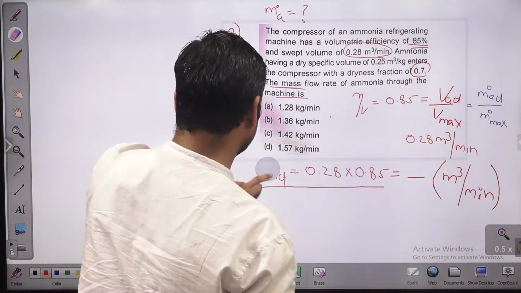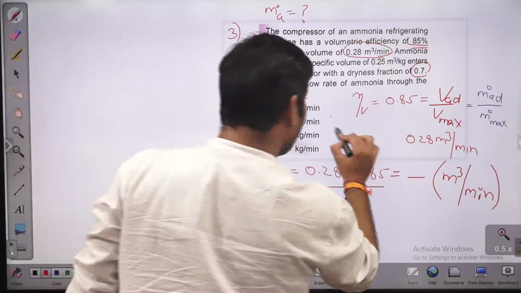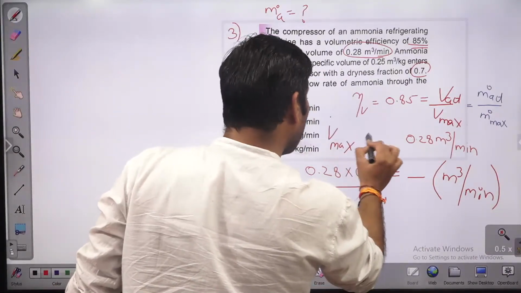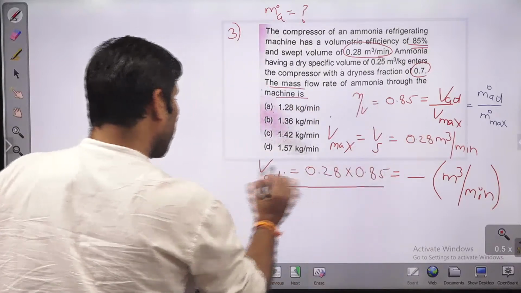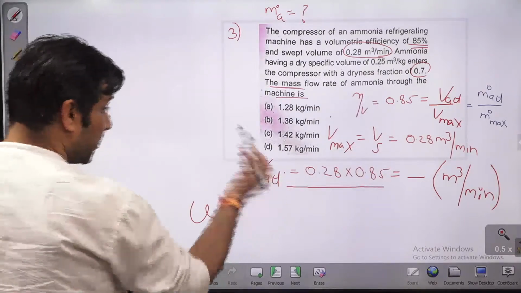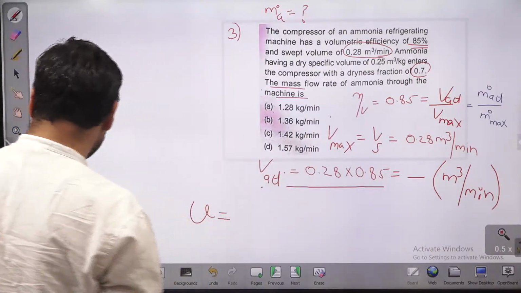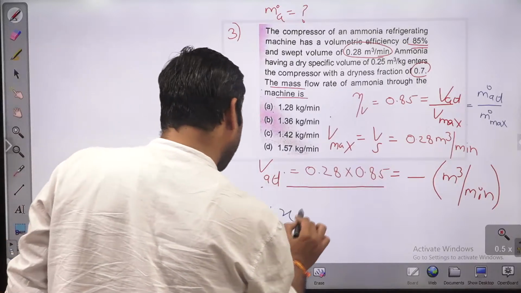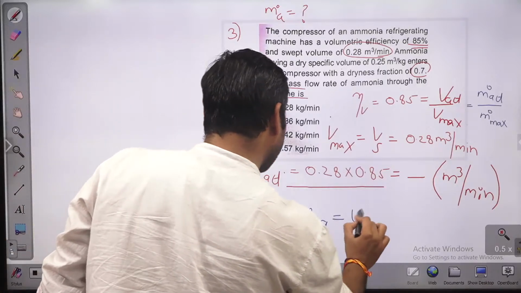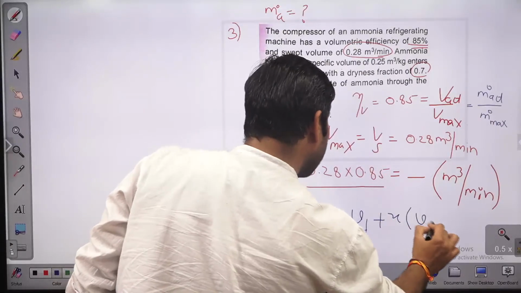Okay, so let me write it here. V max equal to V swept. And this is V actual. So what is specific volume, guys? The specific volume in the wet region you can write as Vf plus x Vfg. Yes or no? Or you can write it as Vf plus x into Vg minus Vf.